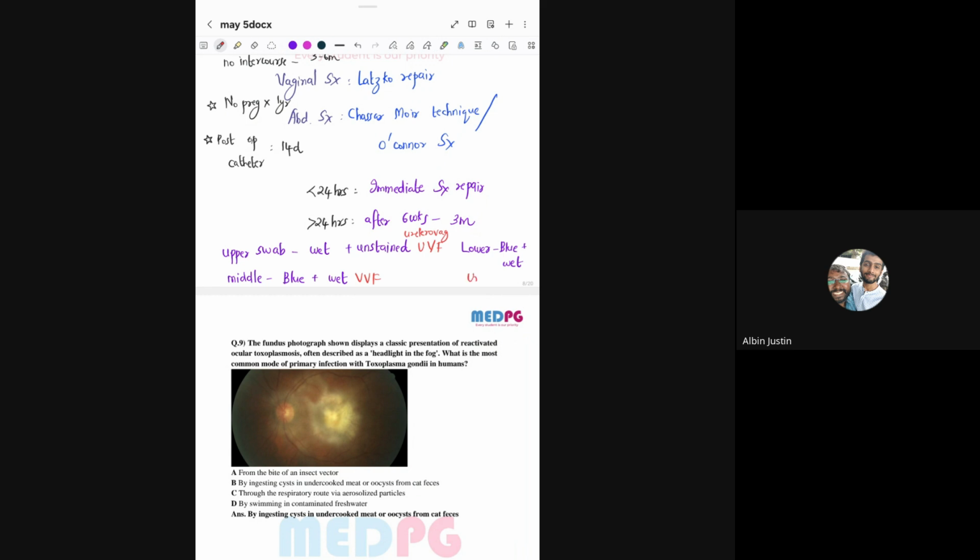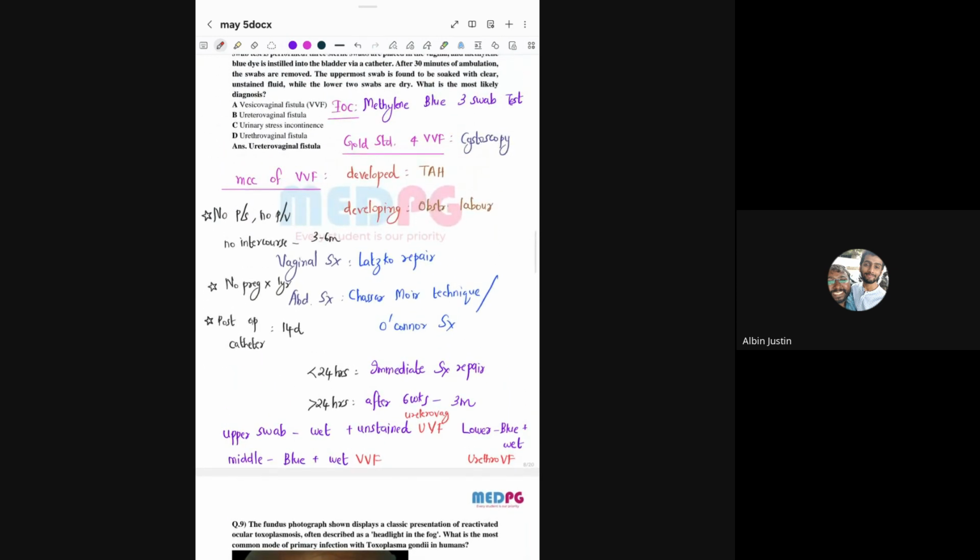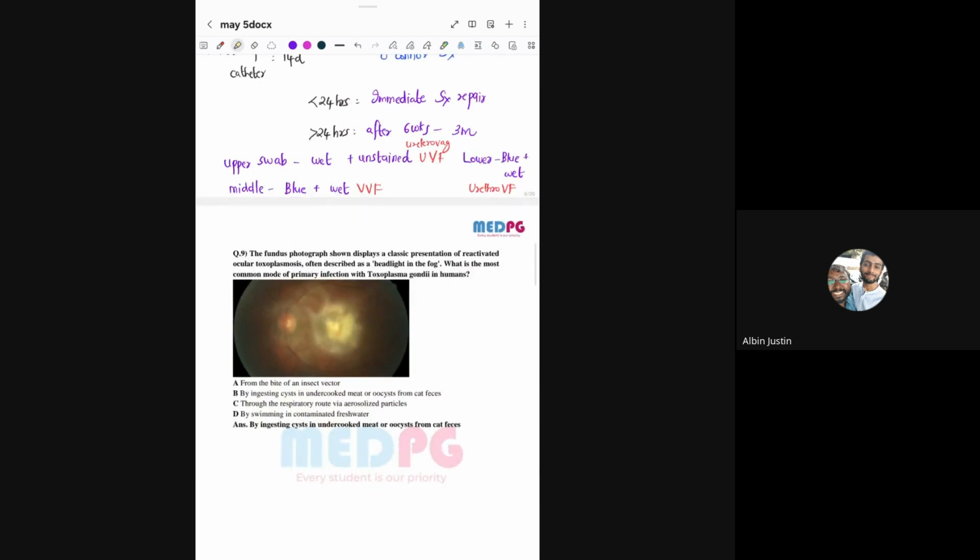And if it is the lower, it is a urethrovaginal fistula. So here the upper swab is wet plus unstained, so it is a ureterovaginal fistula. So all about the urinary fistulas in a female has been discussed. Is that clear? Thank you. Okay. Now, question number 9.